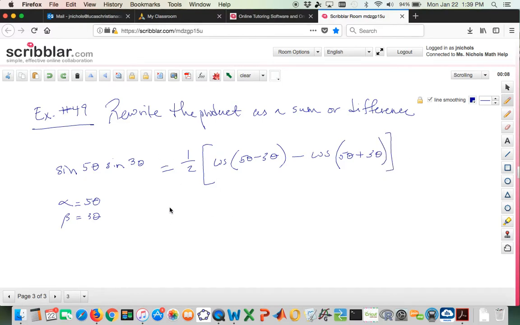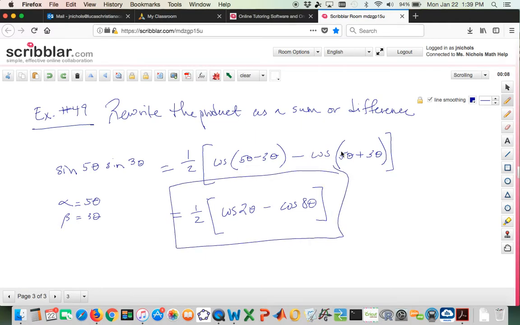Let's simplify, so this is 1/2 of bracket cosine of 2 theta minus cosine of 8 theta. We can't solve anything. We don't know what theta is. This is the final answer. It's pretty much just plug in alpha and beta after you figure out what alpha and beta are and simplify.